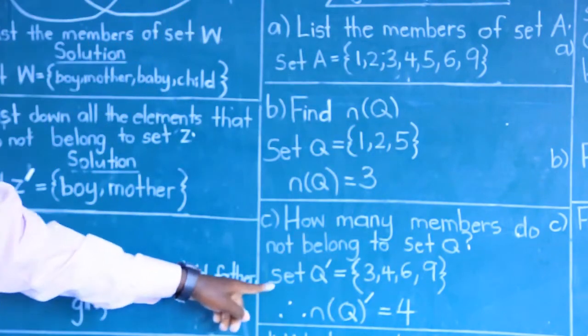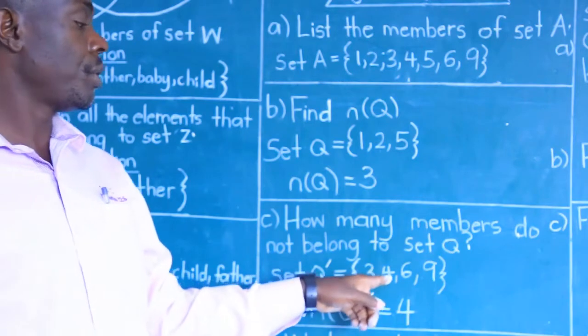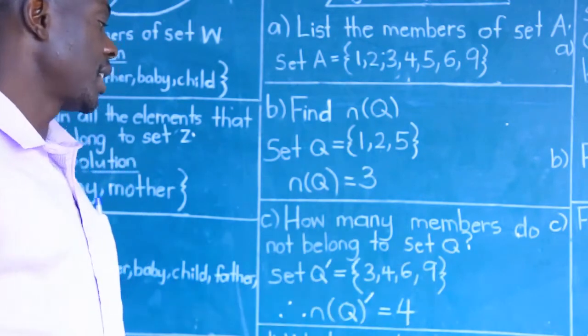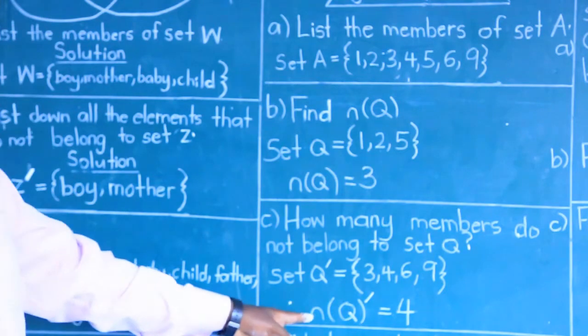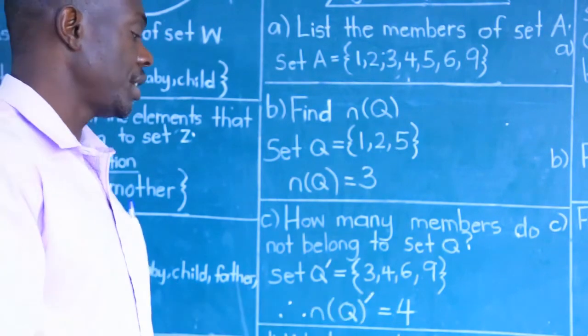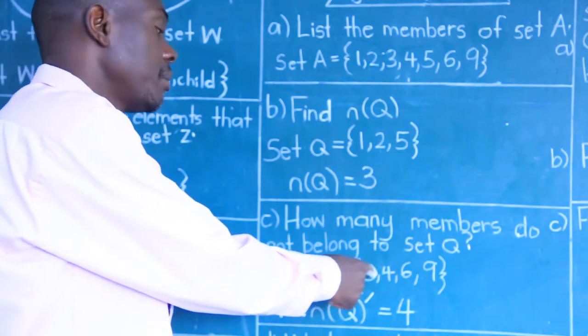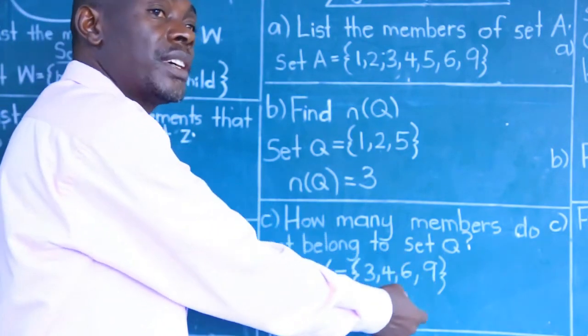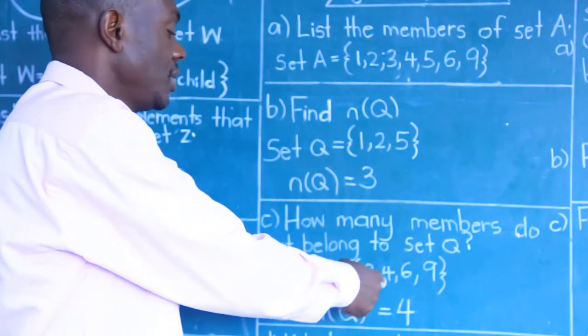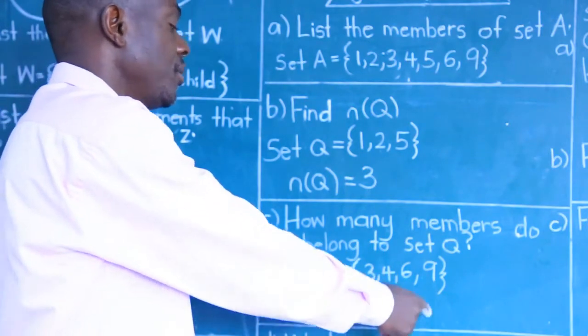Therefore, you say set Q complement equals 3, 4, 6, 9. But somebody says how many? So you're asking for a number. So the number of elements in set Q complement is equal to, count them, 1, 2, 3, 4. Go together: 1, 2, 3, 4.